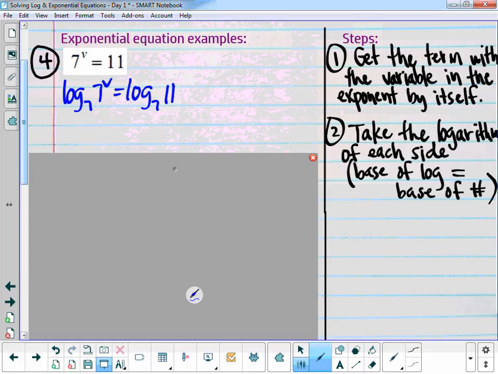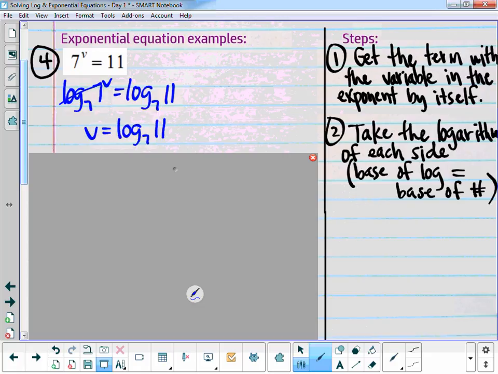Remember last week, if we have log base 9 of 9, what is that always going to equal? 1. Why? Because that number to the first power will always equal itself. So when these match, we can cross them out because it equals 1. Then we'll just have v equals log base 7 of 11.